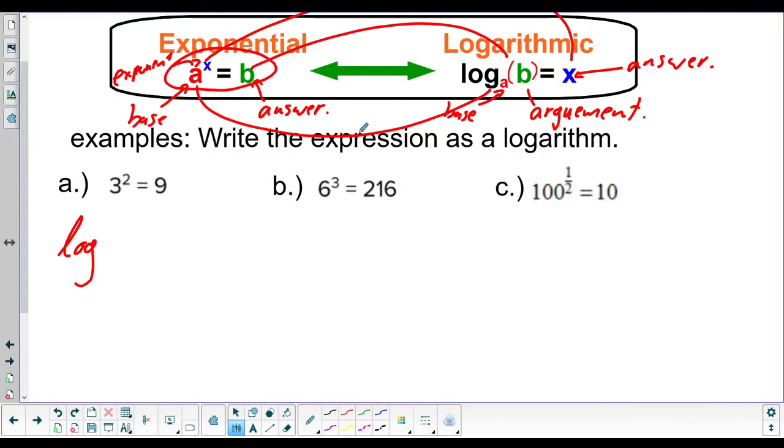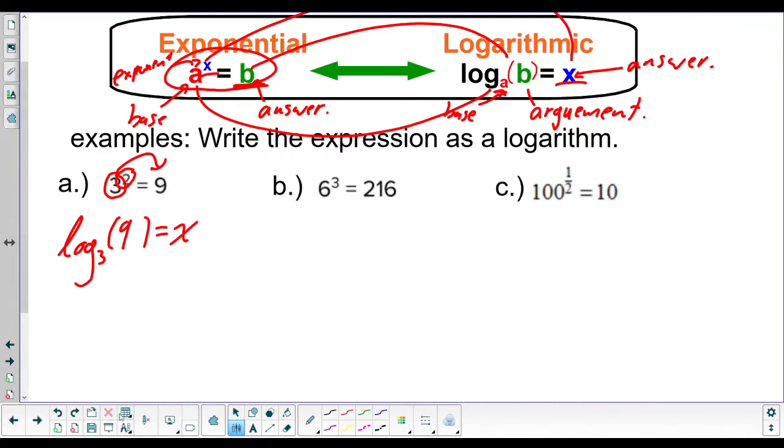The base of the log, or the subscript right here, is whatever number has the exponent on it. So we're going to write a little 3. The argument of the log is whatever the answer of the exponential is. It's the thing on the other side of the equation that the base with the exponent equals. So we put the answer inside, equals the exponent.